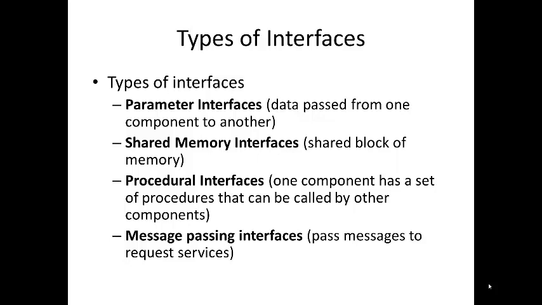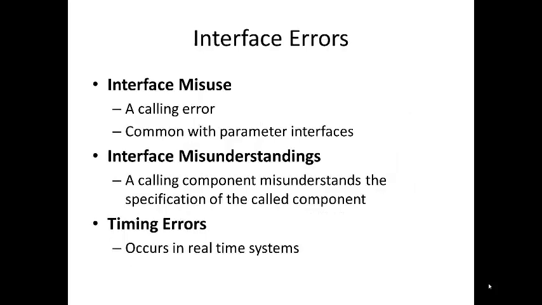Do they cede control when they're done reading or writing from that? Procedural interfaces, one component has a set of procedures that can be called by the other. Does the first one actually call the other one successfully? And then can you pass messages between individual components to request services and get the right values back?